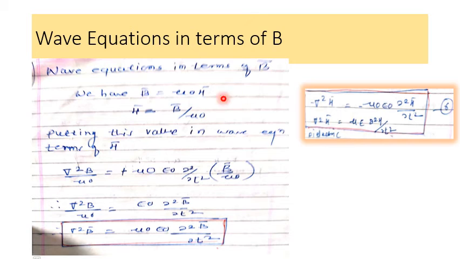Then wave equations in terms of b bar. For b bar we have to take equation 6, and we know the relation between b and h.